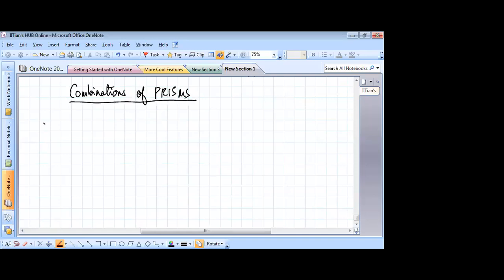Now, the first type of combination is called a chromatic combination. We will be doing waves. I'll tell you at the end of the class. So the chromatic combination, the concept is that it creates deviation without dispersion.